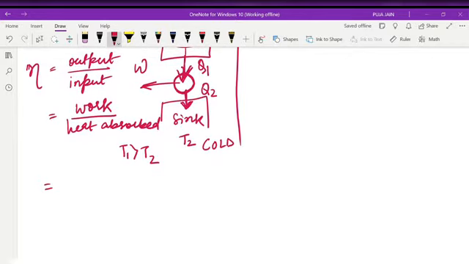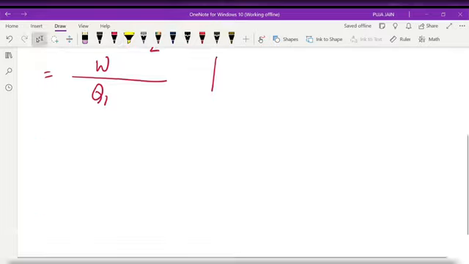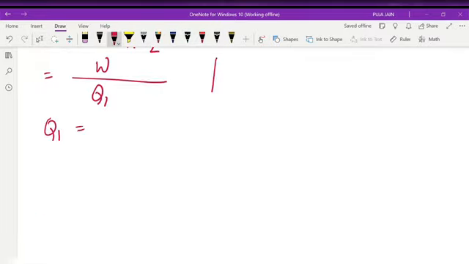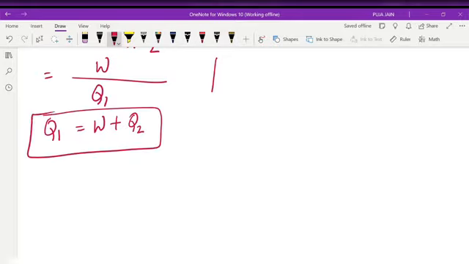Now work W and heat absorbed, that is Q1. Now what is W? Now you see this Q1 heat, first work is done and then the rest amount of heat energy is transferred to the sink. That is Q2 amount is transferred to the sink. So we can say total Q1 is W plus Q2.